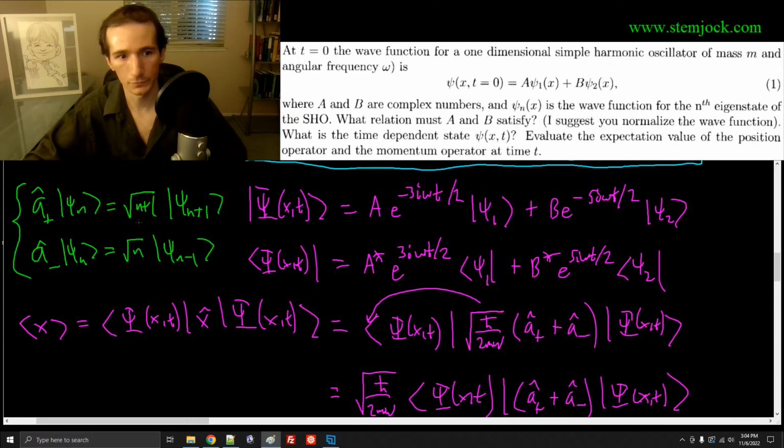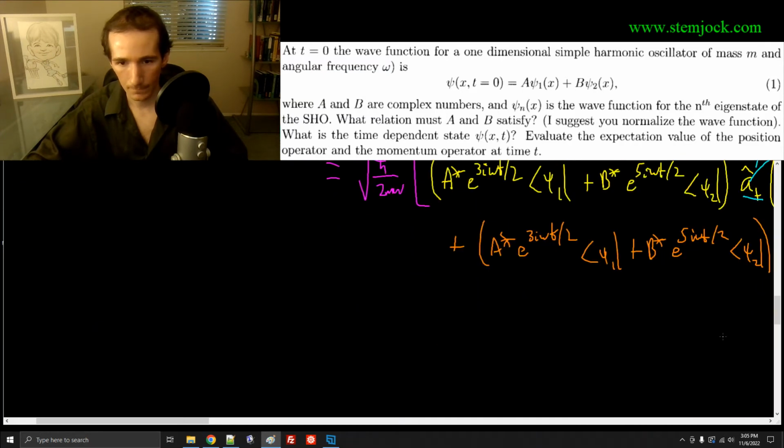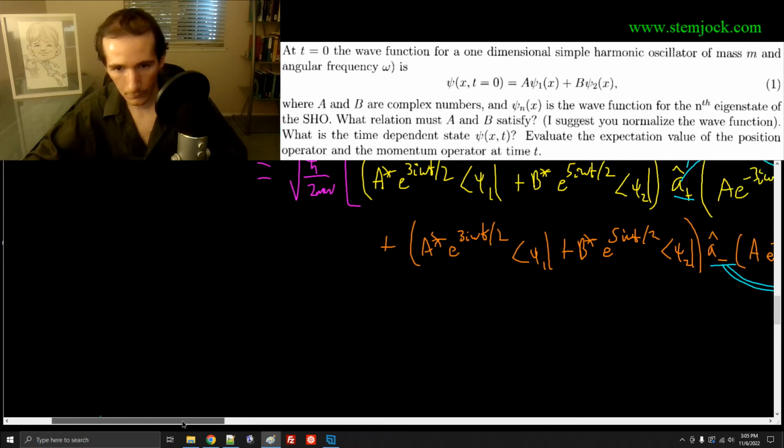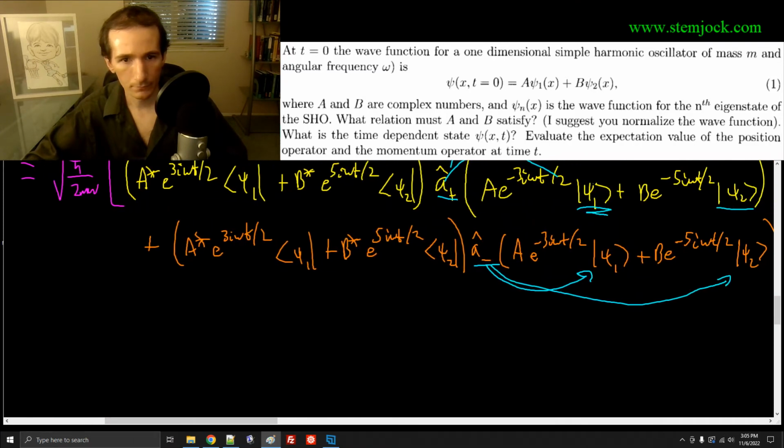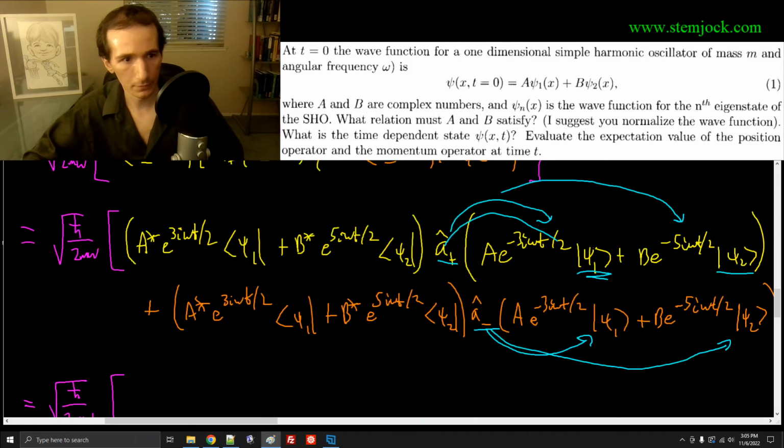A plus will result in square root n plus 1 times the next highest eigenstate, and a minus acting on a ket will result in square root n times the next lowest eigenstate. So this is equal to square root h bar over 2m omega. And now I'm just going to copy this to save time.